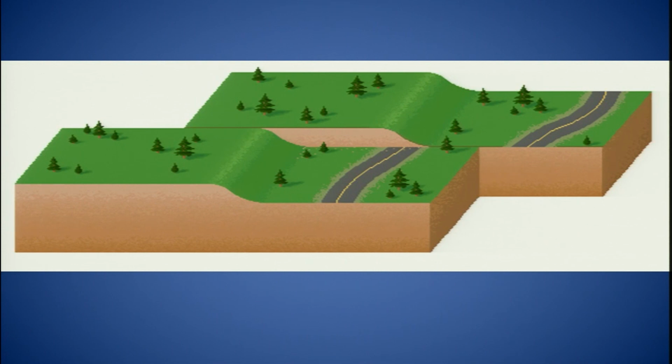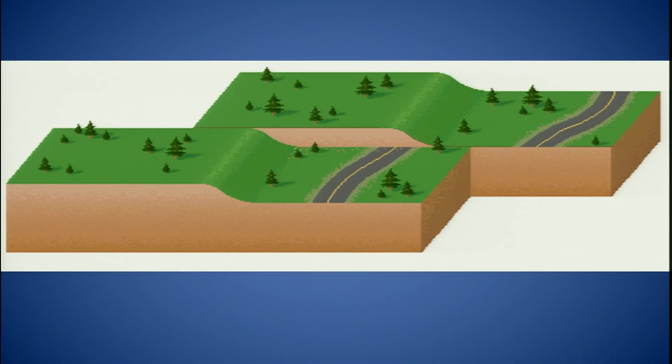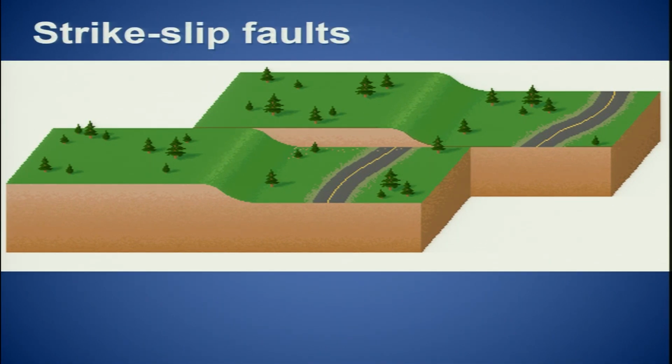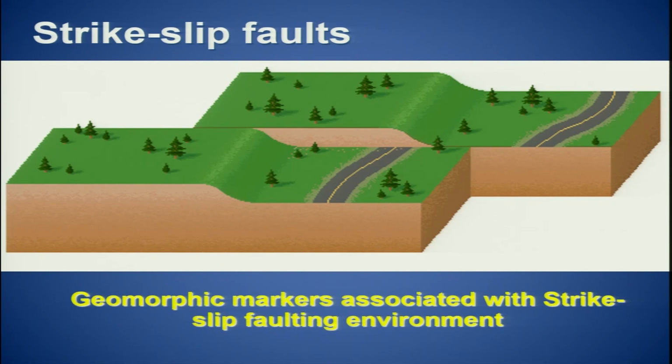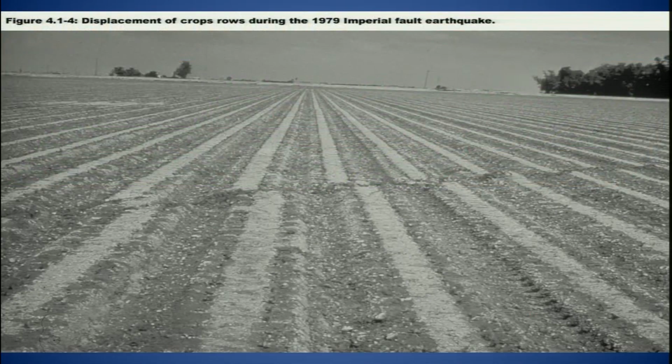Coming to another one, your strike slip, and as we have discussed, it is the lateral movement along the horizontal plane. So geomorphic markers associated with strike slip faulting environment, if you look, then what we see is the offset of any surface feature.